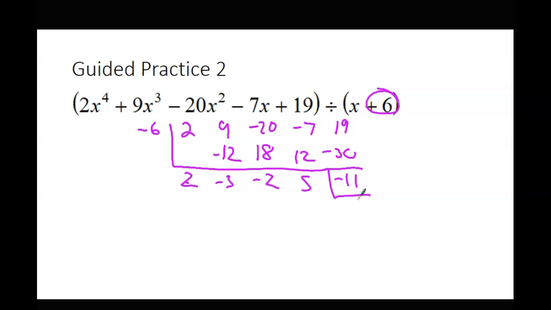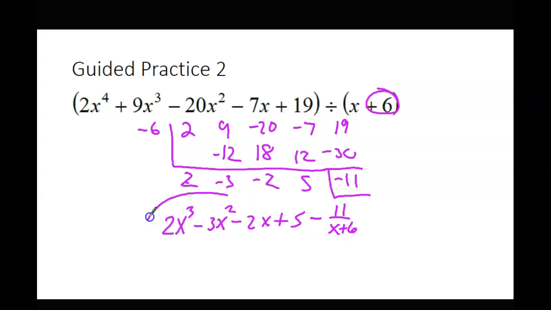Okay. Write your answer. Plus 5, right? Close. Negative 11 over x plus 6. Yeah, it's 11. There you go.